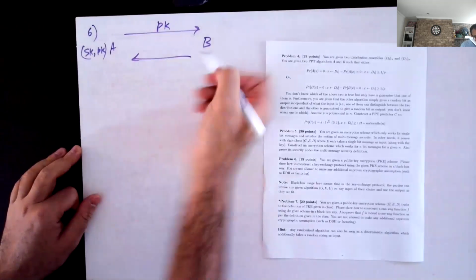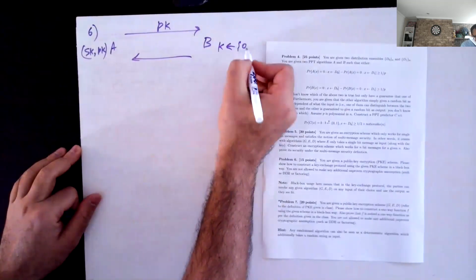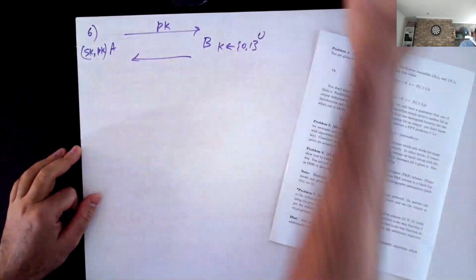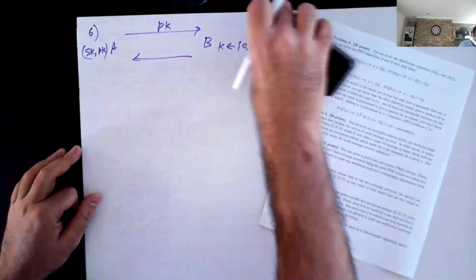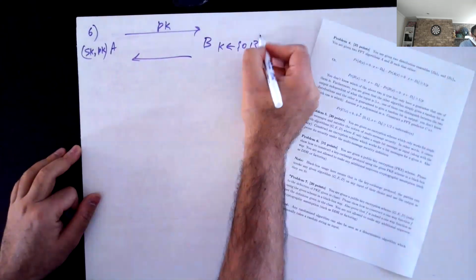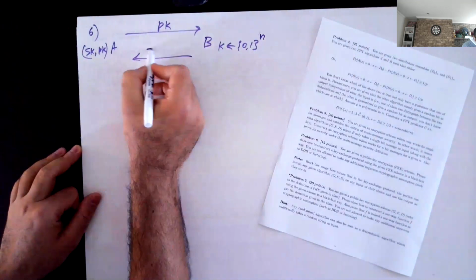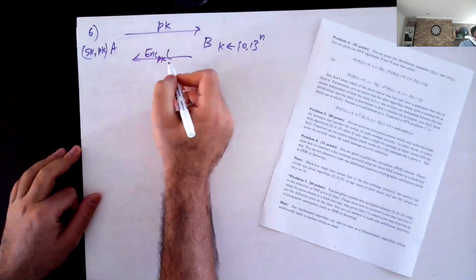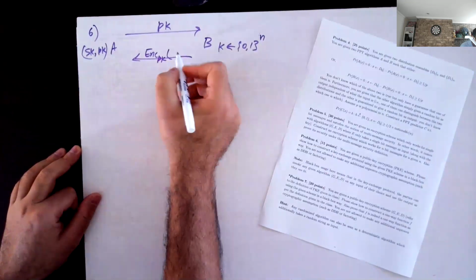Bob can sample a key at random. Let's say L is supposed to be the length of the key, or maybe N. Then Bob just encrypts the key with the given public key.